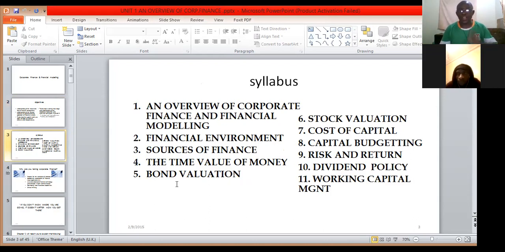We'll look at an overview of corporate finance or financial management as it may be called. We'll also look at financial environment, sources of finance, the time value of money, bond valuation, stock valuation, cost of capital, capital budgeting, risk and return, dividend policy, and we'll end with working capital management.